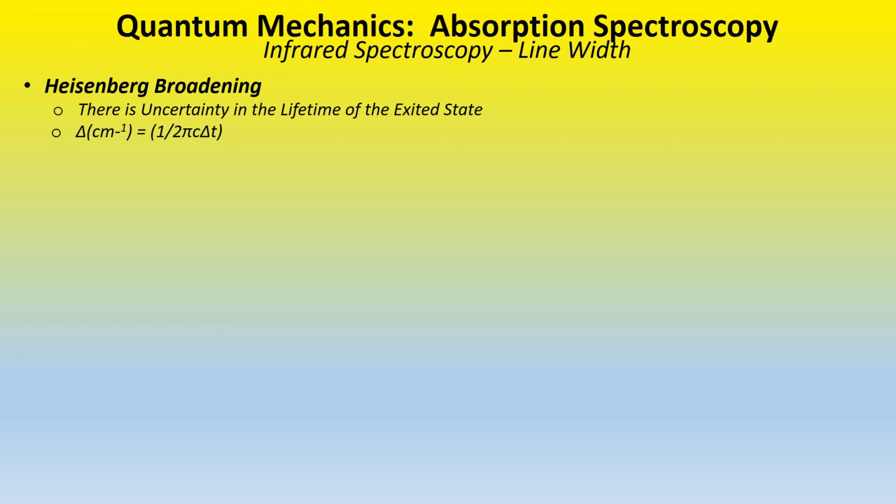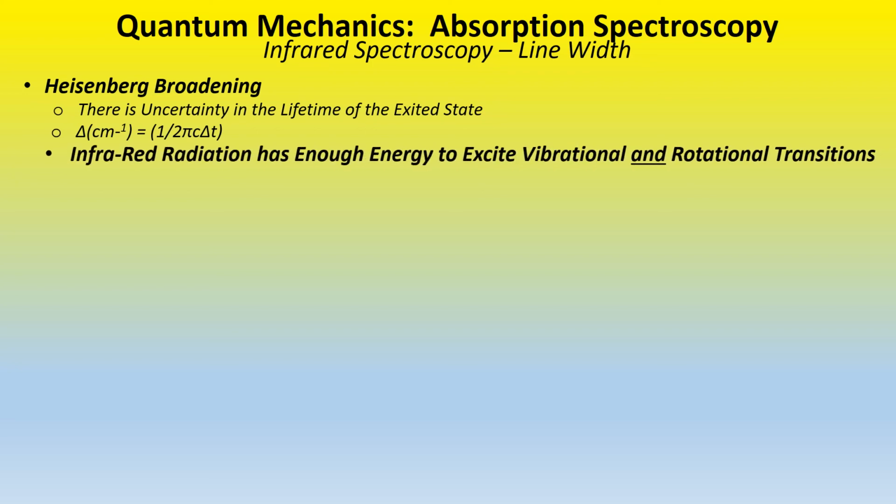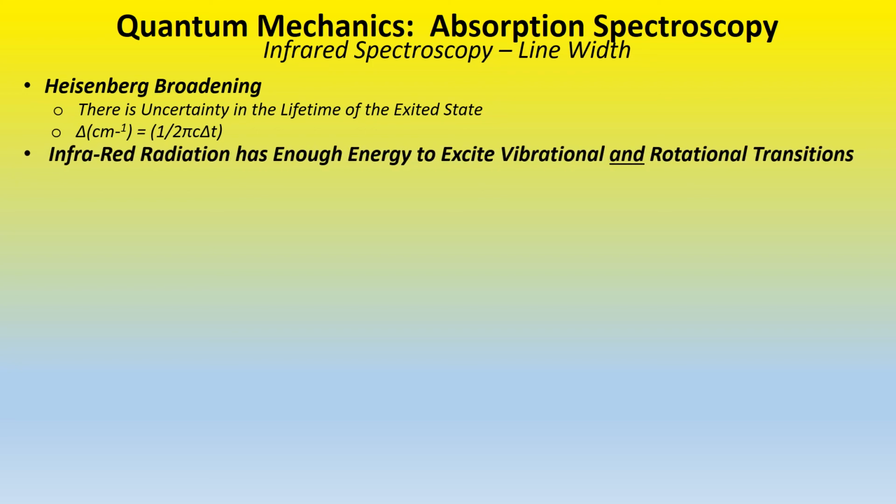More specific to IR is the fact that infrared radiation has enough energy to excite vibrational and rotational transitions. As you have seen, first of all, in the vibration, the Morse potential itself, the well in which the bond is vibrating, is asymmetric.